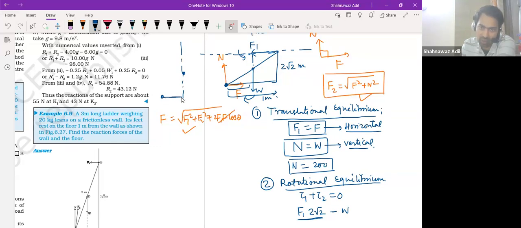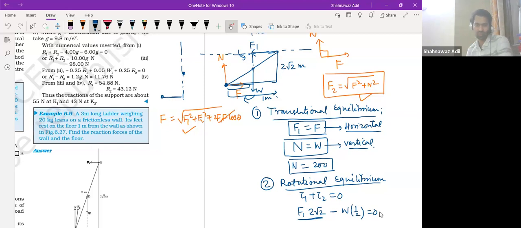This is how much? 1. I took total 1. So this would be how much? This is the middle point, right? 1 by 2. Clear, everyone?